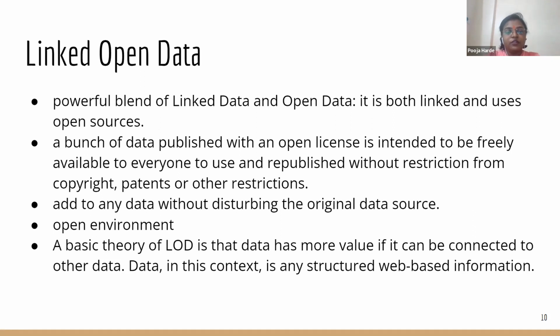When we publish our data, whatever data is already on the web, we can add more data to it without disturbing the original data source. So linked open data is also called an open environment, where we have scalability and openness of the data, it is freely available, and it can be published wherever with some additional knowledge.